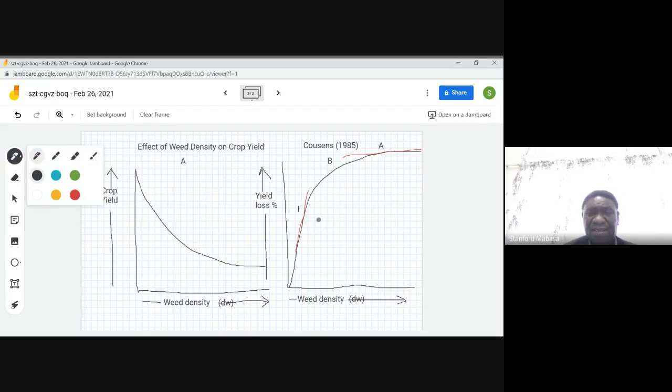If we represent yield loss by Y, he said we can relate it to the slope and the maximum yield loss like this.